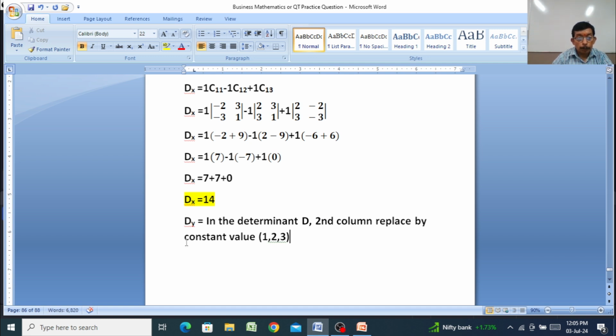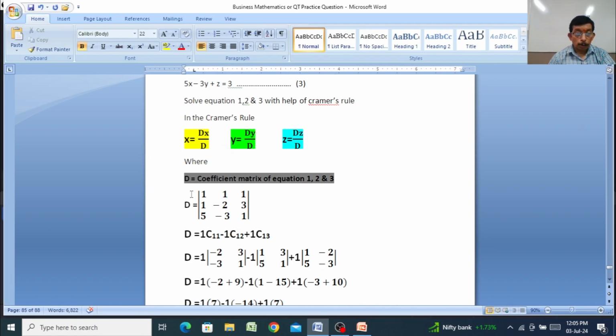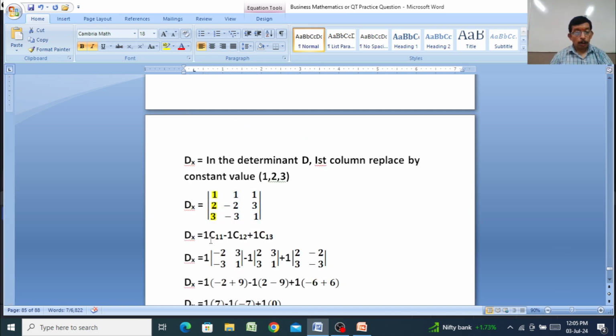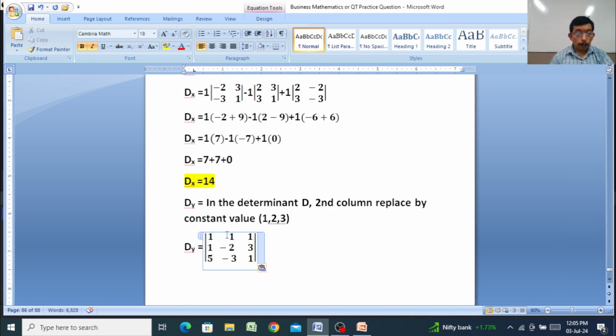First we note down the determinant D. The second column is replaced by 1, that is -1 replaced by 1, -2 replaced by 2, and -3 replaced by 3. This is the value of Dy.